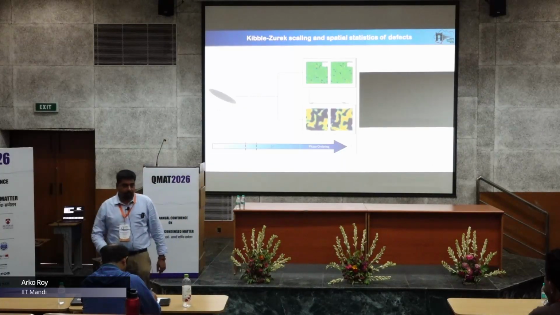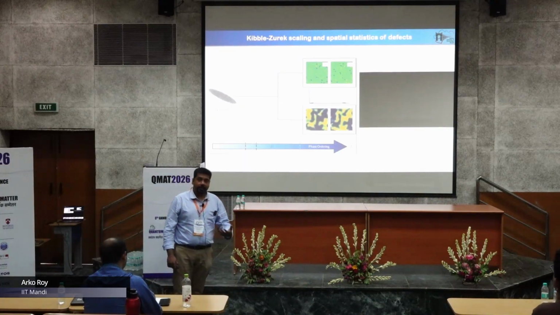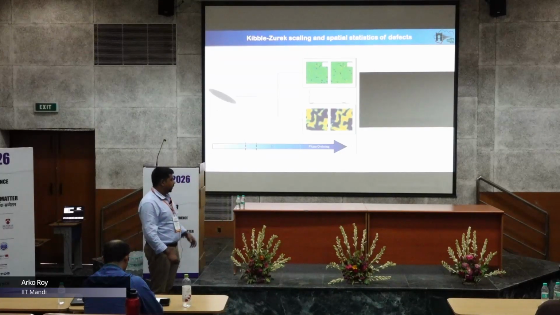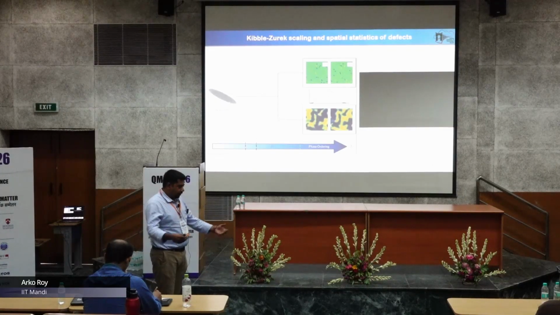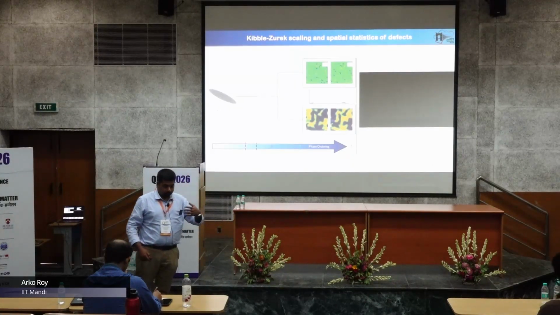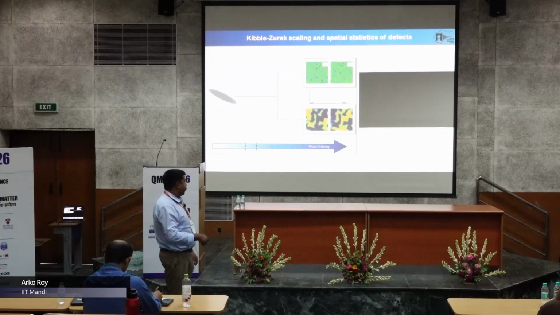What happens is, when you quench across the phase transition point, there is a critical slowing down. The different parts of the condensate order parameter develop their own local phases, and when they try to coalesce, defects inevitably appear at the interface walls of the domains.